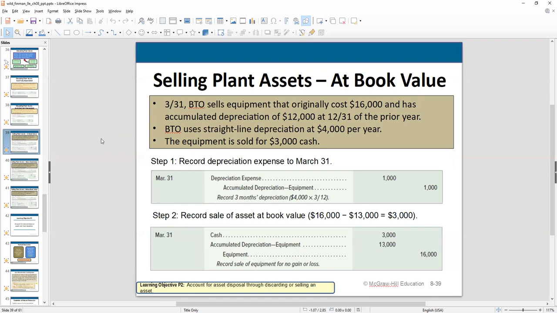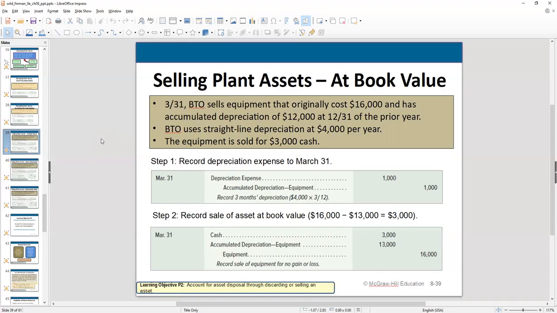To account for that, we're going to take the $4,000 yearly depreciation, multiply it by 3 over 12, which is 0.25. All right, that comes to $1,000. So we're going to debit depreciation expense $1,000, and we're going to credit accumulated depreciation $1,000.